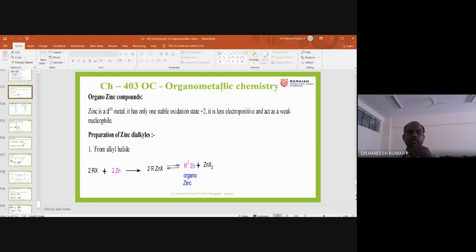So overall, the bond between the carbon and elements such as magnesium, copper, cadmium, aluminum, all these compounds are called organometallic compounds.